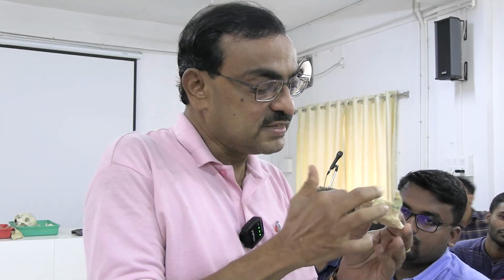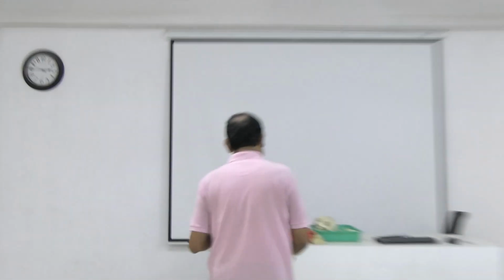Here we will get the air. This is the anatomical position. So this is the nasal cavity, and from the nasal cavity air will enter inside the maxillary air sinus.